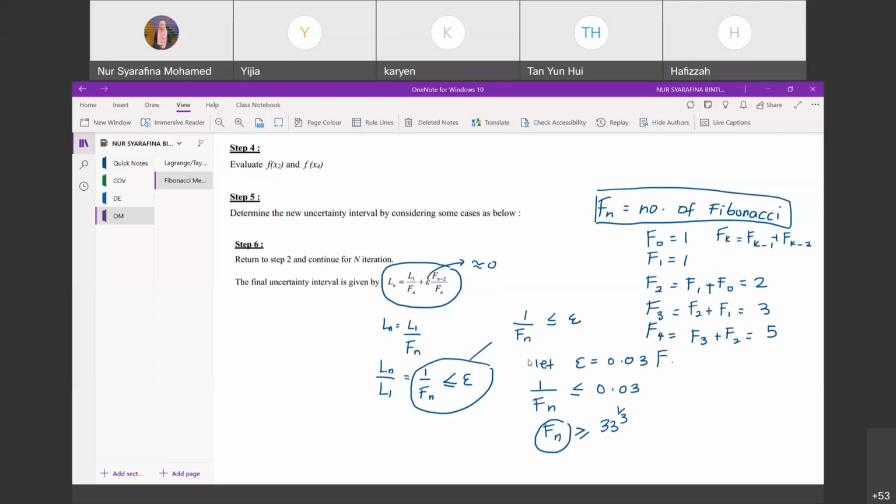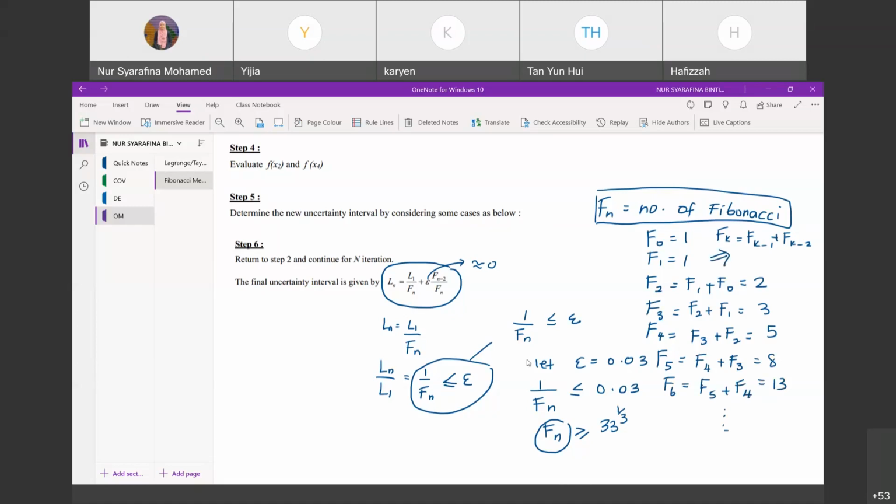Again, F5 is F4 plus F3 equals 8. F6, F5 plus F4, which is 13. And so on. This is how you obtain the Fibonacci number, referring to this formula.